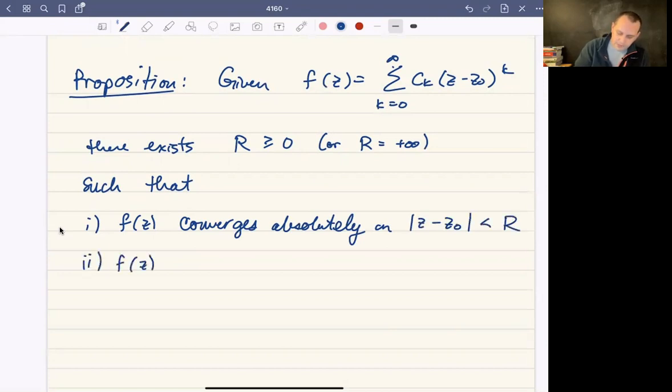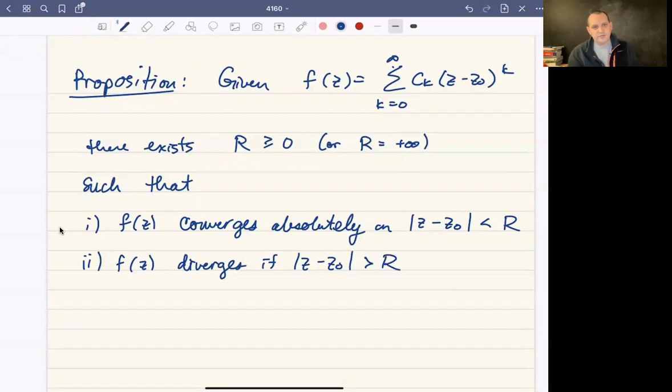F diverges if the modulus of z minus z naught is strictly greater than R. This entire proposition is inconclusive when the modulus of z minus z naught is equal to R, so anything can happen there.